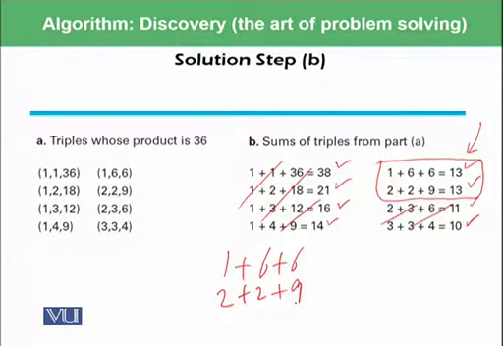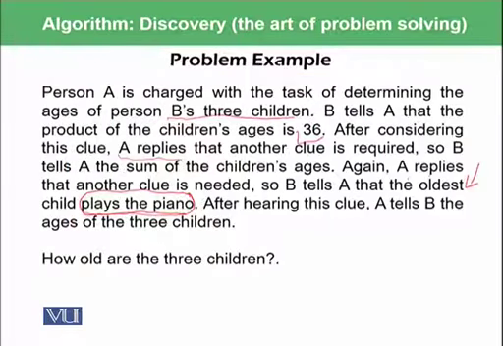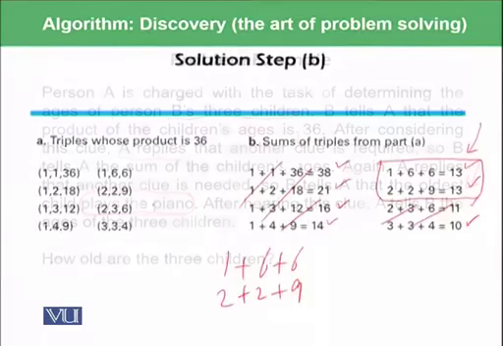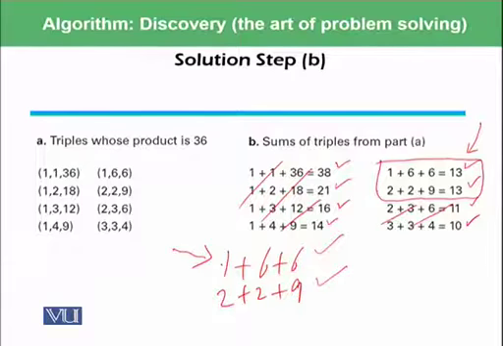Now again read the question, which says that the oldest child plays the piano. Are you getting the hint from here? The answer lies in these 2 triples, and we are saying the oldest can play the piano. If that person were going to say it the other way, they might have told us that 2 of the oldest children can play the piano.